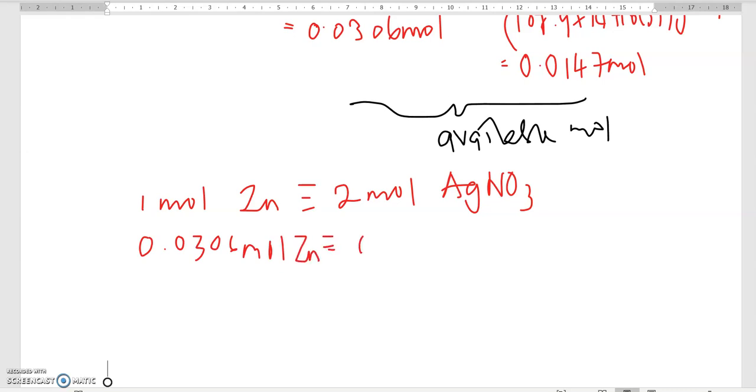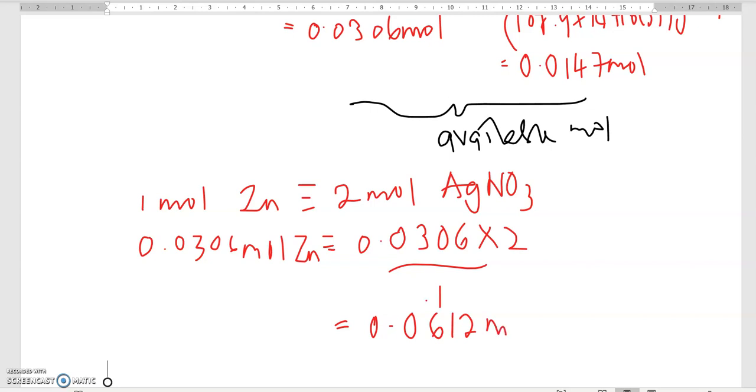So therefore you can get 0.0306 times 2 over 1, so this equals 0.0612 mole of silver nitrate, and we label it as needed mole.